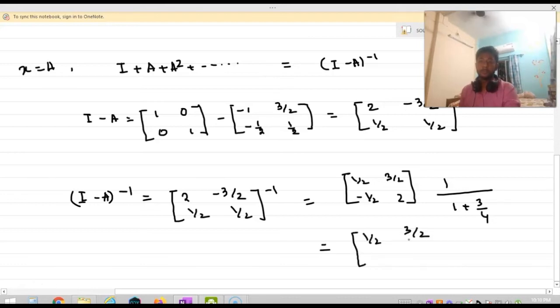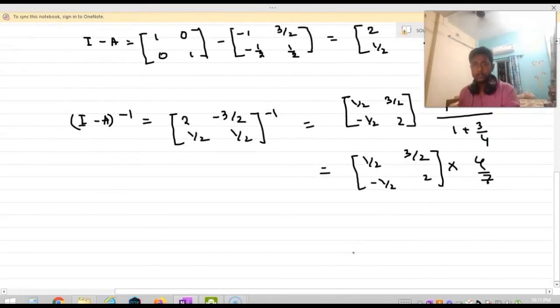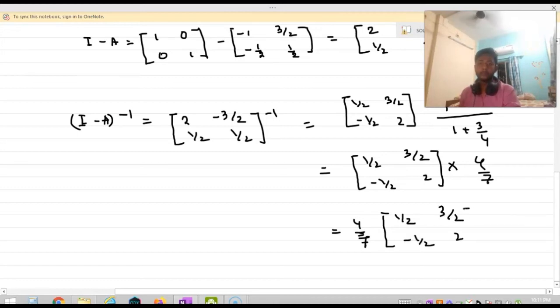So this is equal to 1 by 2, 3 by 2, minus half and 2, multiplied by 4 by 7. So we can write this as 4 by 7 multiplied by the matrix 1 by 2, 3 by 2, minus 1 by 2 and 2.